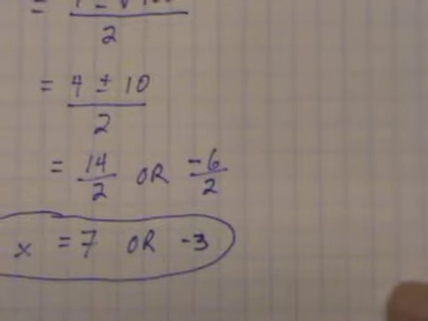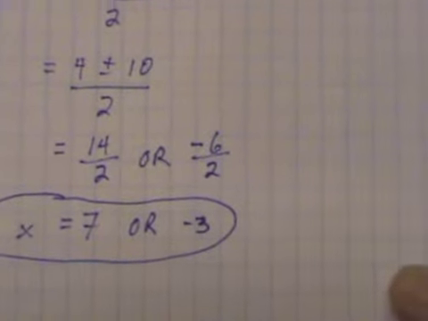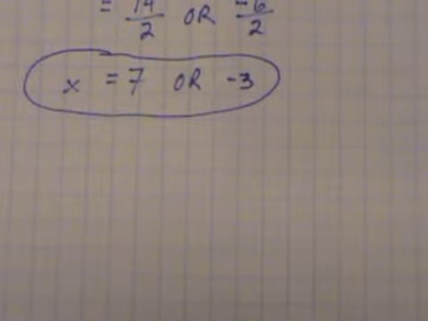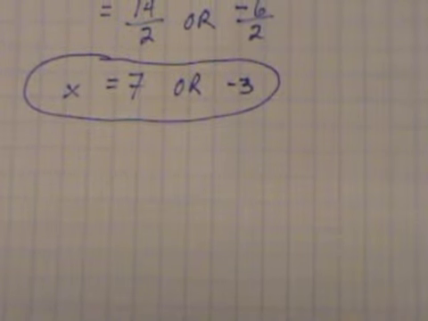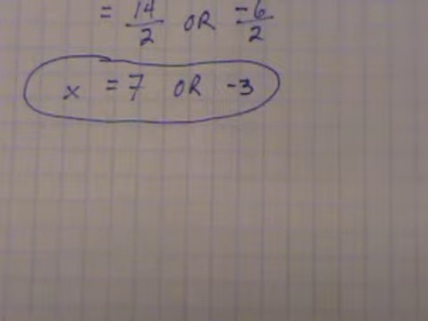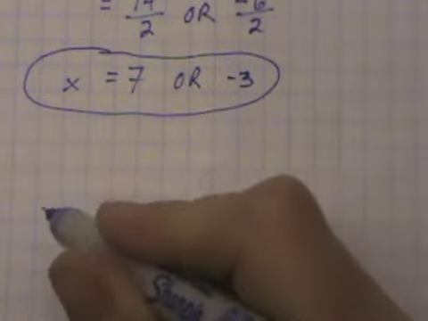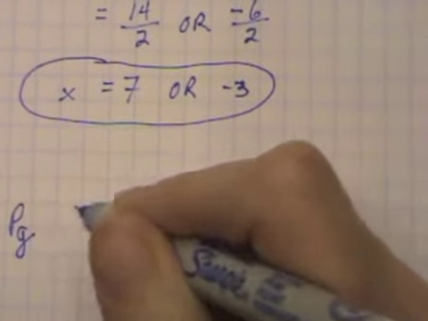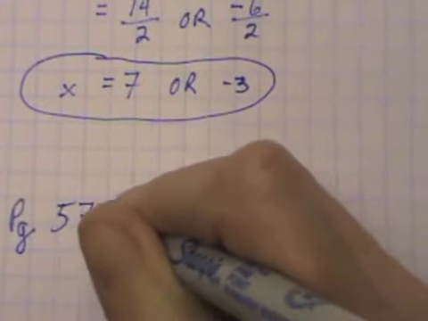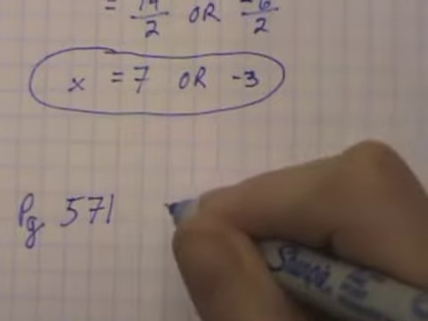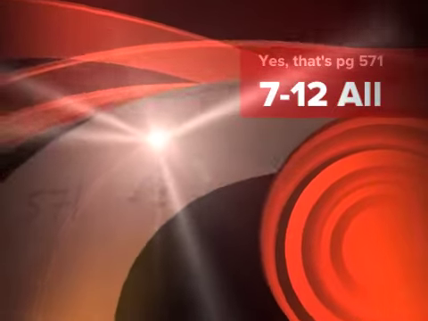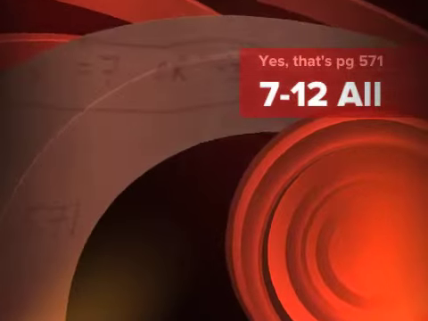All right, I'm not going to quite finish 9-6 because I want you to just get some practice using this quadratic formula. It's not very hard, but there are a lot of parts to it, so we're just going to practice. So next, I want you to go to page 571 and do number 7 through number 12 all. See how that goes.